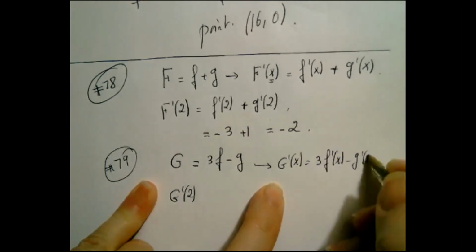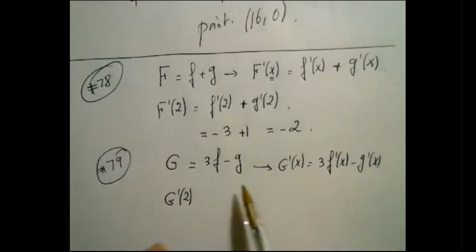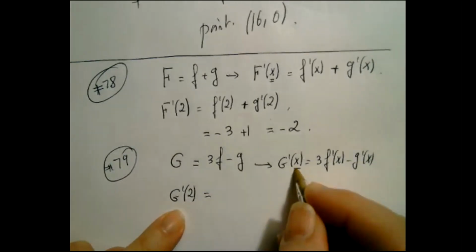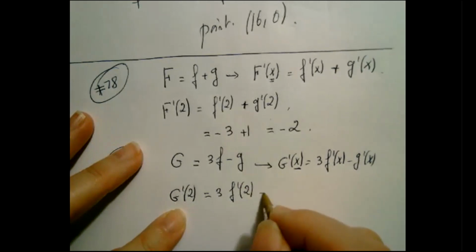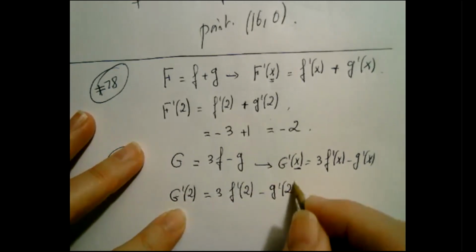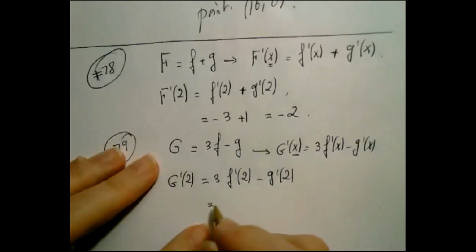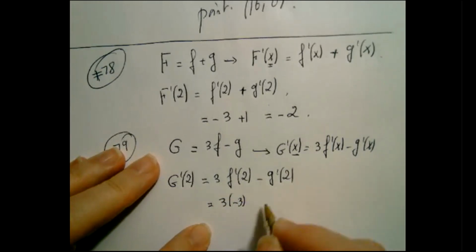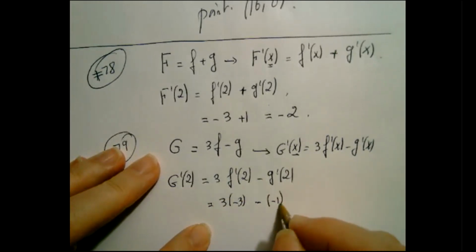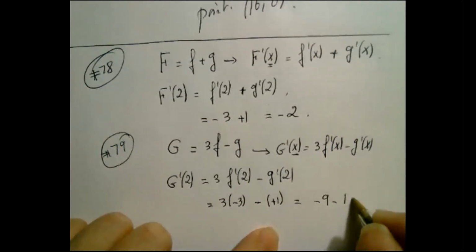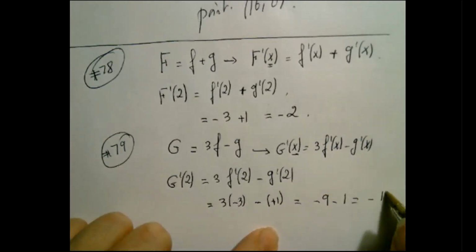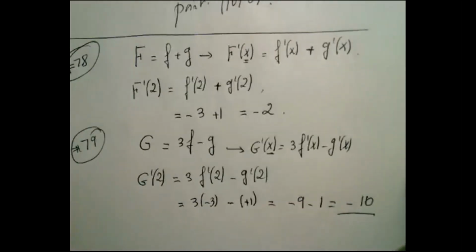That's really the rules telling me that. Now I zoom in at a specific point. And then we're done. That's 3 times minus 3 minus 1, which is going to give me minus 9 minus 1, which is equal to minus 10. End of the problem.